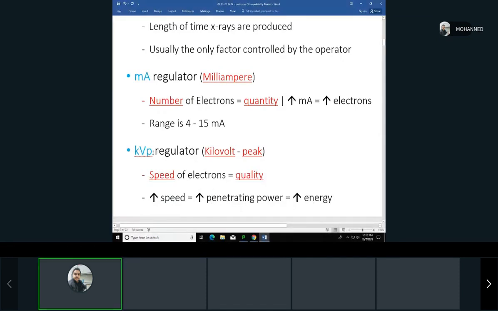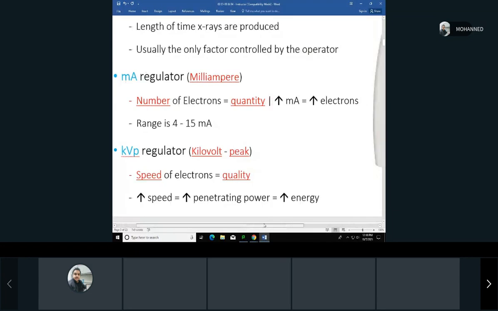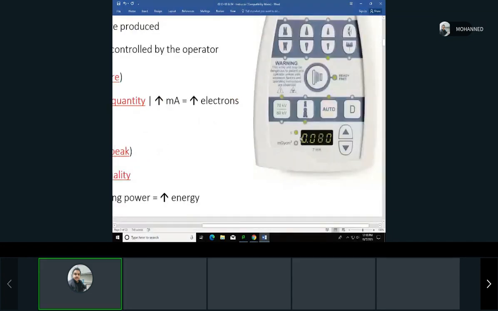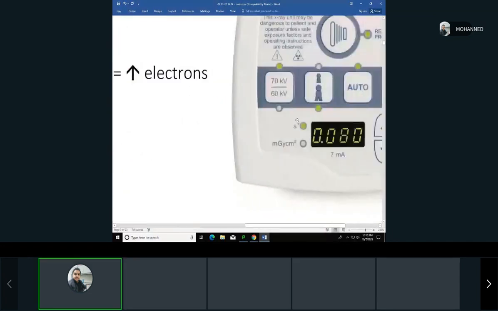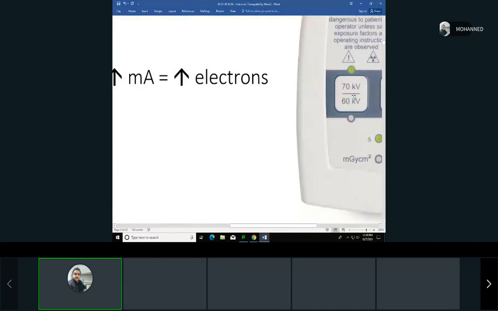And when we say kVp, P for peak, it's because the kilovoltage can range. Even in this device, when they write it here, we see that it's 70, right? Or 60 to 70. It can go from 40 all the way to 70, or even less than that.